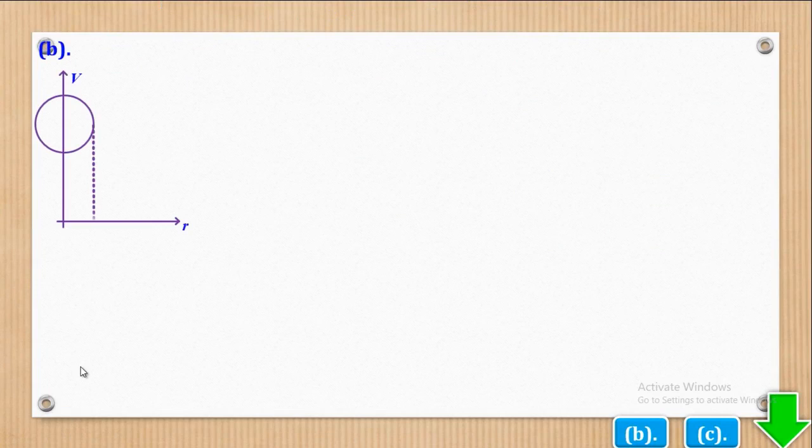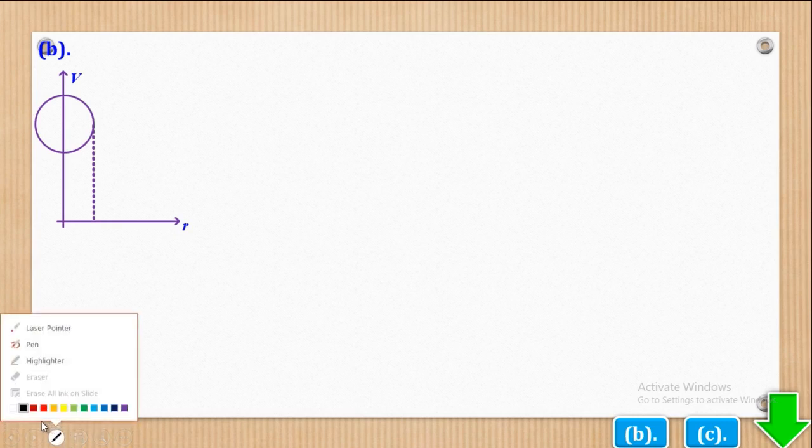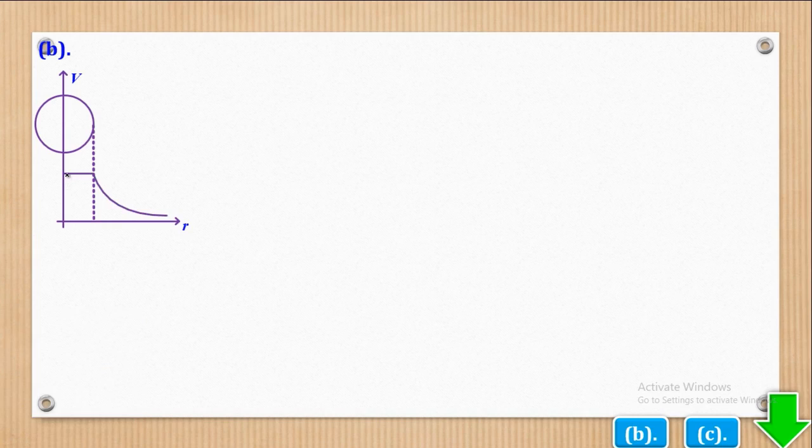Let's start with electric potential. Inside it is equipotential, that's why you see a full line here, constant, but outside it is exponential. That is for electric potential.